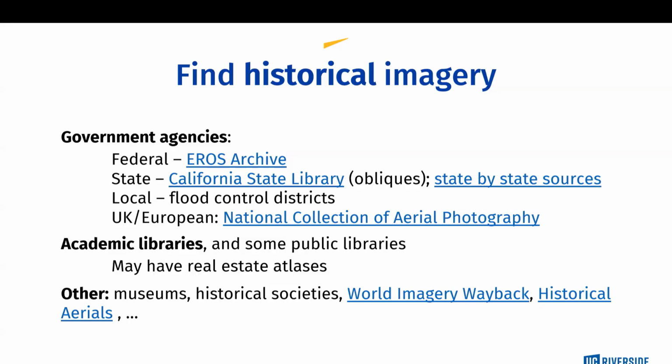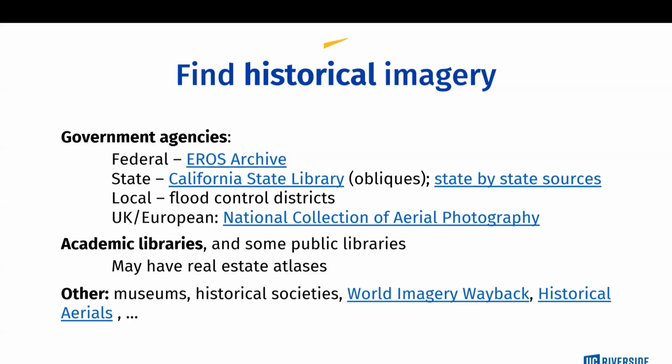Once they've acquired that imagery, typically for a pretty nominal fee, they will allow the public to come in and maybe get a copy of some of the imagery that they've acquired at the local level. So just keep that in mind if you're looking for older historical imagery of a particular local area.